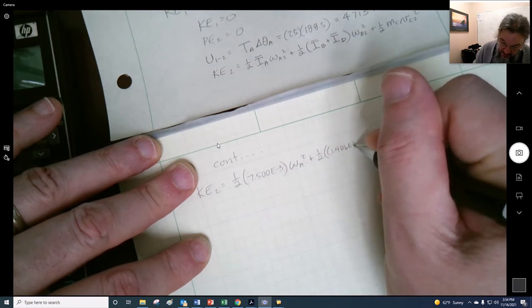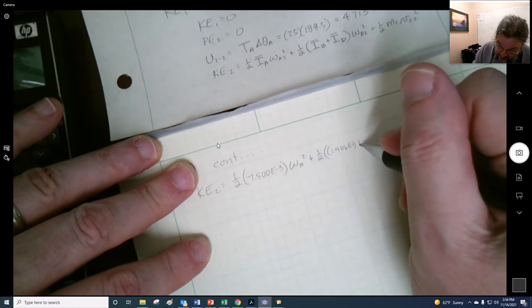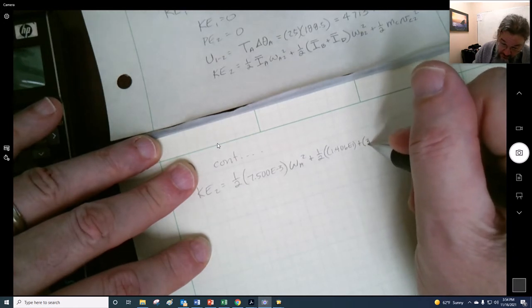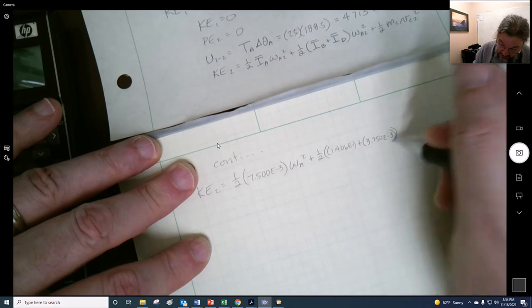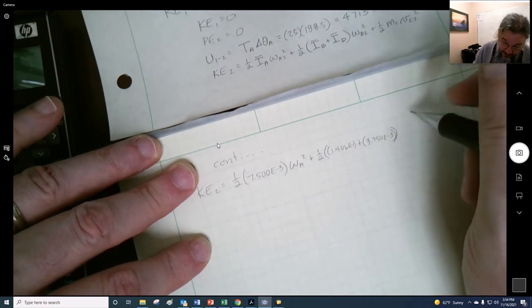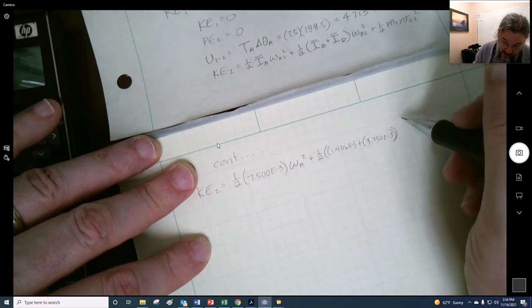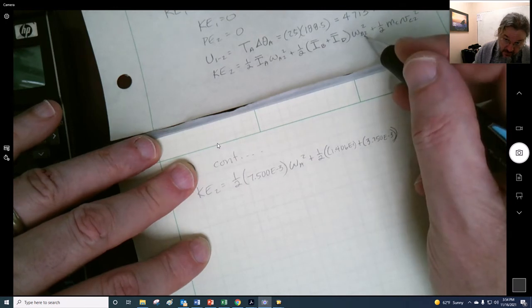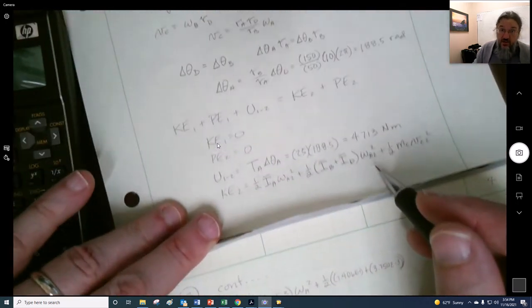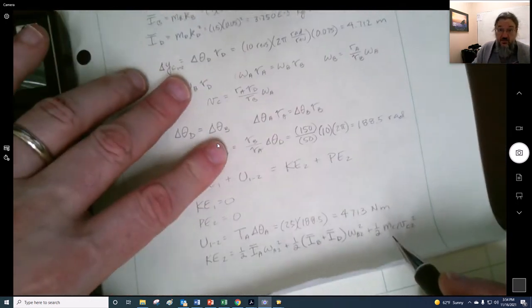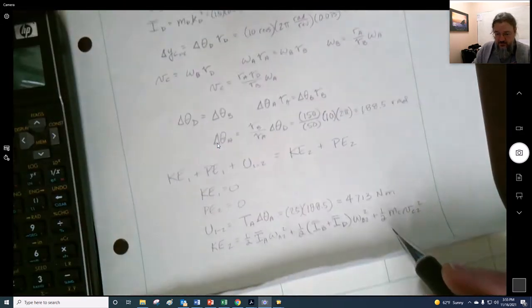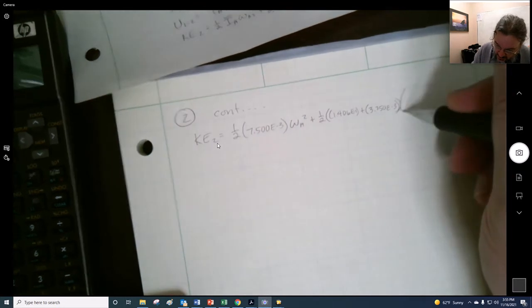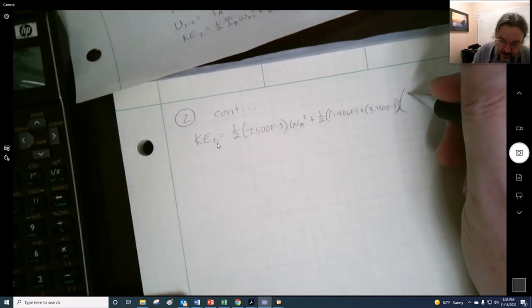It's supposed to be minus E minus 1 plus 3.75 E minus 3. And then omega B squared. Omega B is RA over RB times omega. So that's RA over RB.